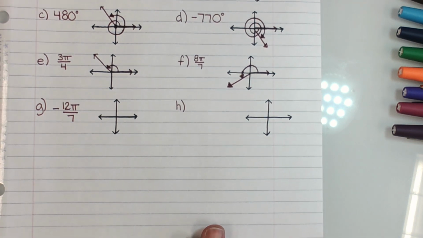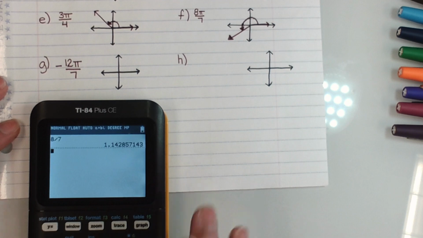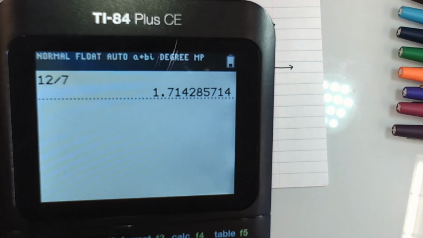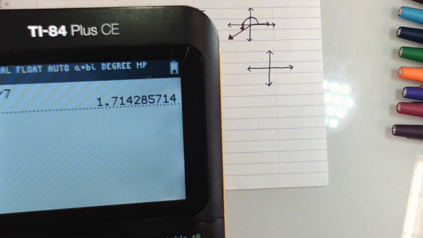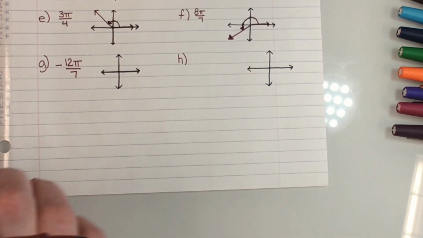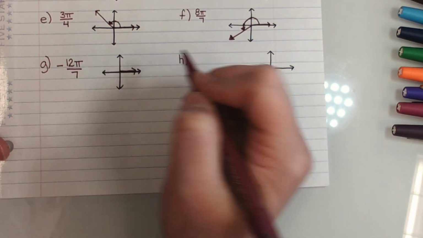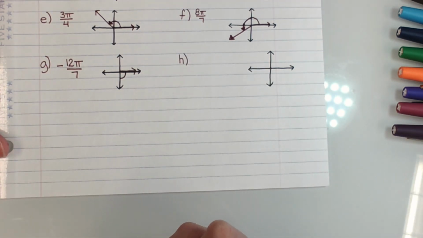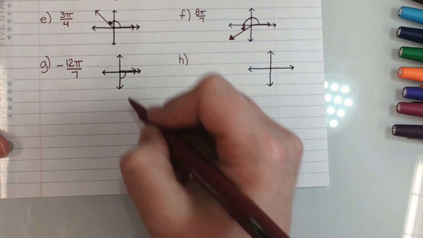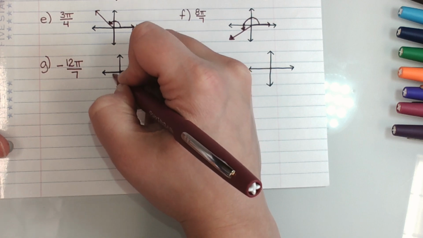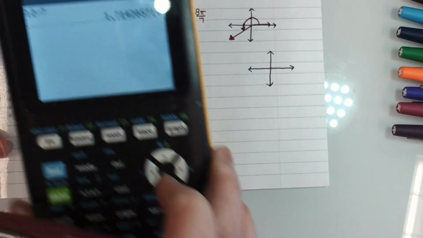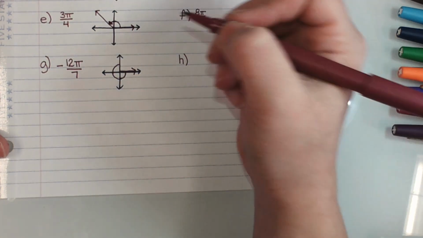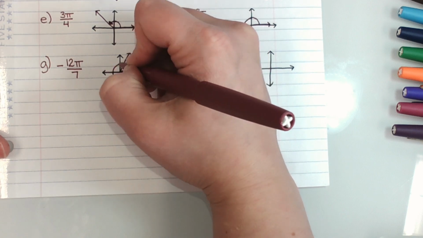Negative tells me clockwise. 12 over 7. 1.7-ish. Starting here, going clockwise. Every quarter of a circle is how much in radians again? 0.5 pi, so here's 0.5. There's 1. I want 1.7. Here's 1.5. Need to go a little bit further.